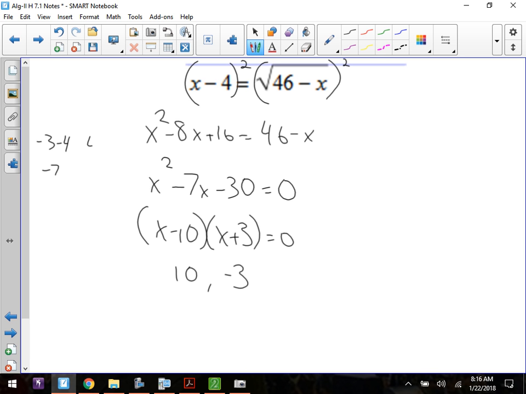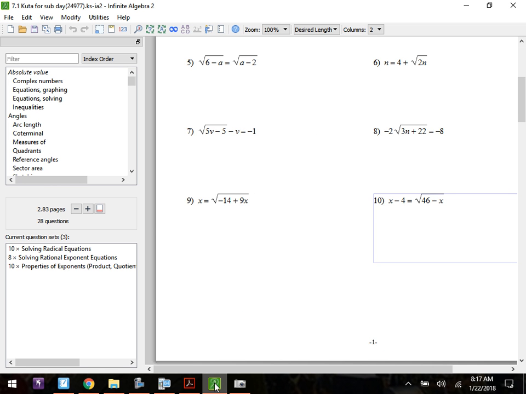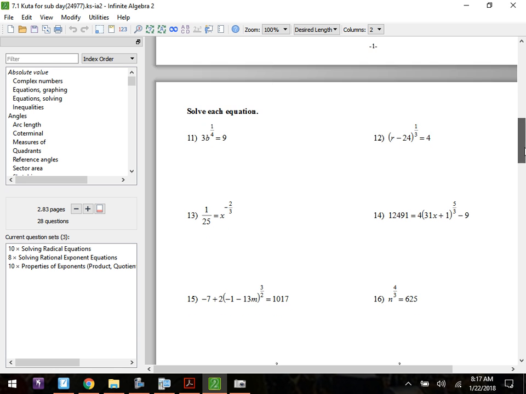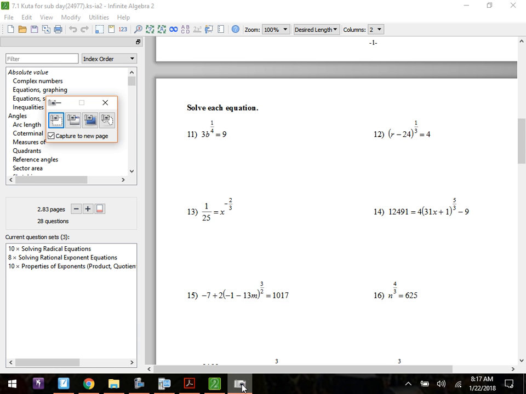Then 46 minus a negative 3 gives 49, which is also plus or minus 7. So that one works too. You're looking at, does the answer work versus doesn't it work. It's pretty straightforward.